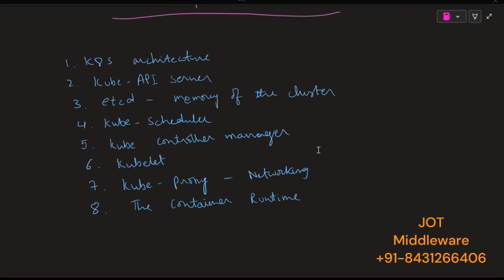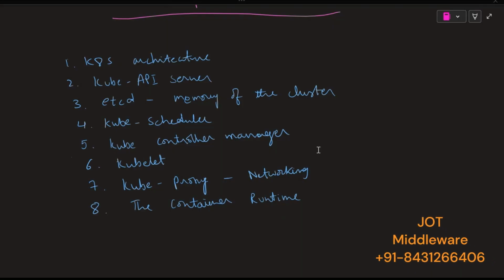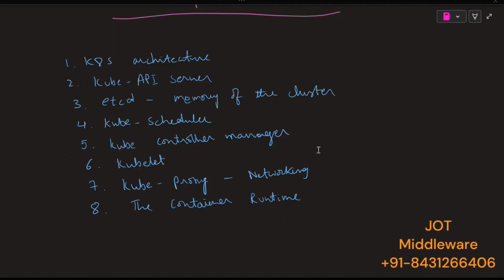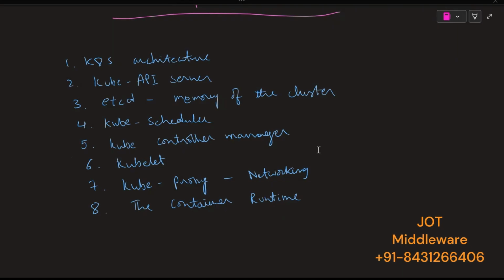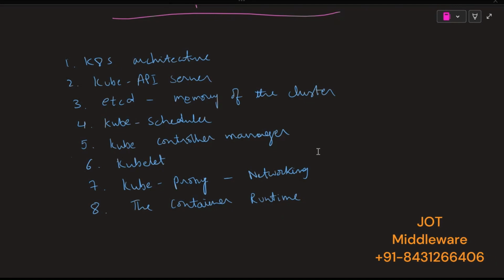Throughout this module, I am going to draw some comparisons to middleware components you already know. Let us take the example of a WebSphere deployment manager, which behaves like the Kube API server.